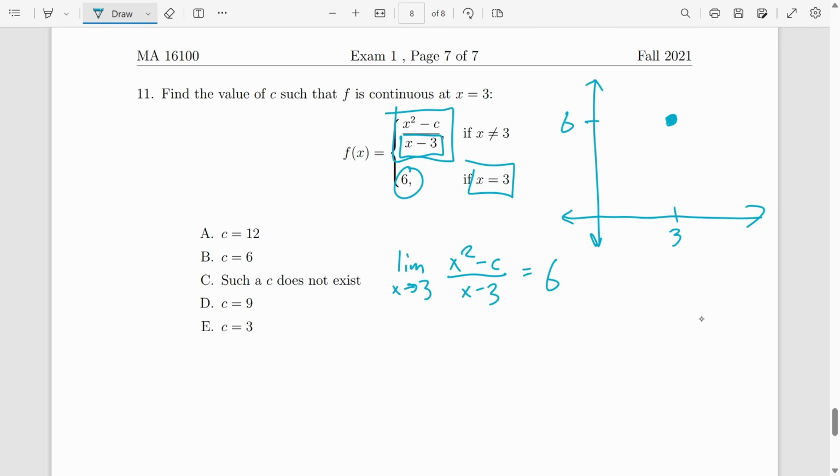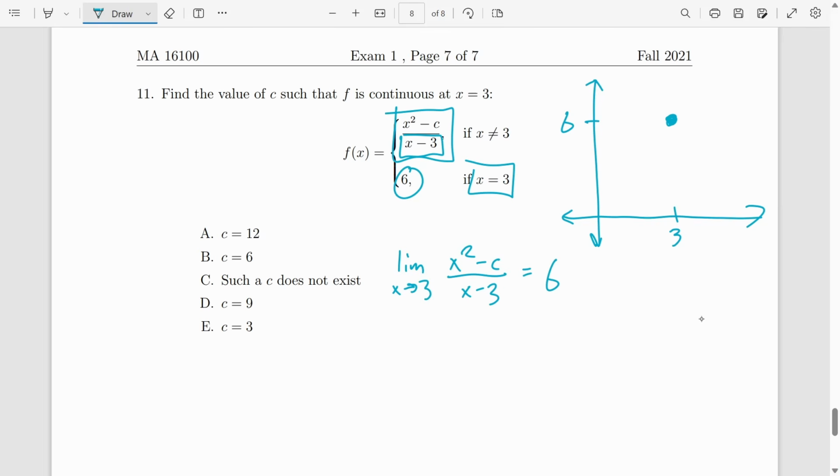So this is why I was saying this problem is kind of weird, because it's like a backwards limit. You're asked to take it in reverse. You're trying to find a value inside of the limit by knowing the limit's answer, which you've never really been asked to do before.